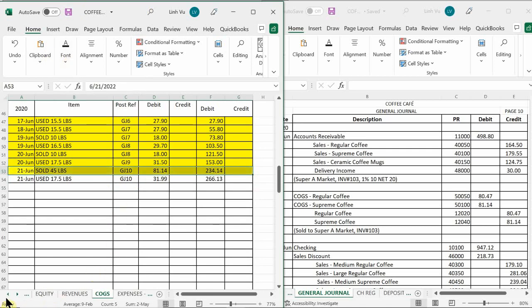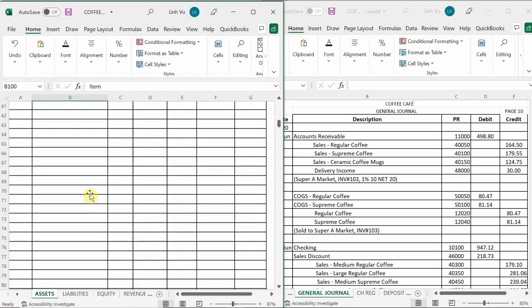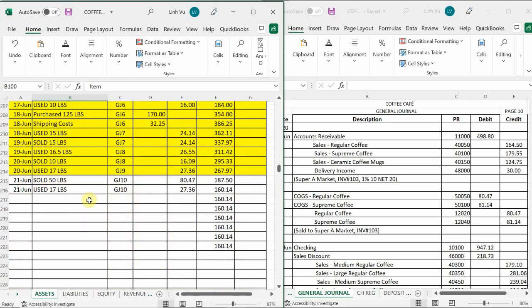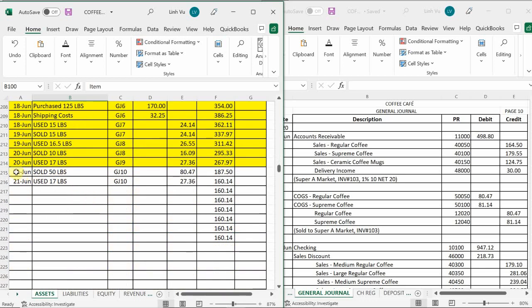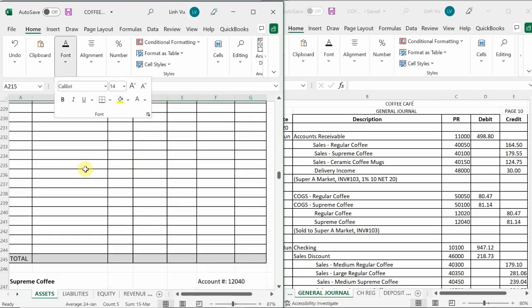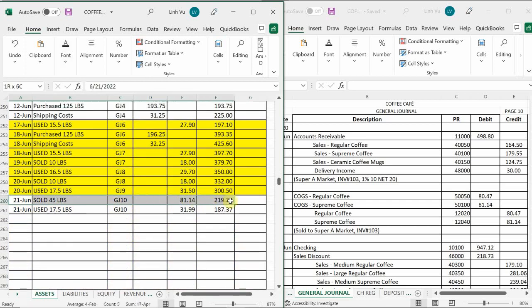And then we have to update our inventory. Right, so here for the regular, we sold $80.47. Okay. And for the Supreme, we sold $81.14. Okay. And that's it for that one.